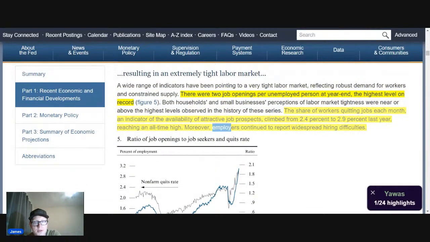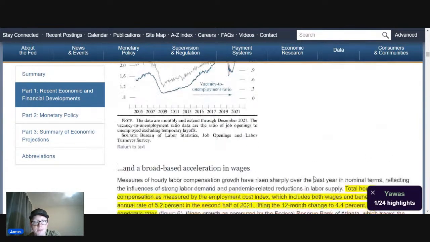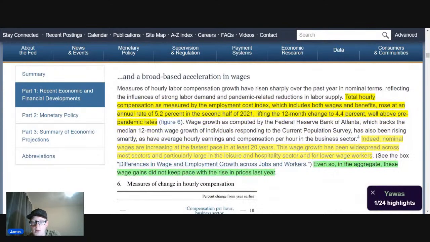Employers continue to report widespread hiring difficulties as well. And now we're getting more into wages and everything else. So total hourly compensation as measured by the Employment Cost Index, which includes both wages and benefits. That's another thing involved too, because you get paid, but your employer also has to pay for the benefits you get. Those just aren't free.